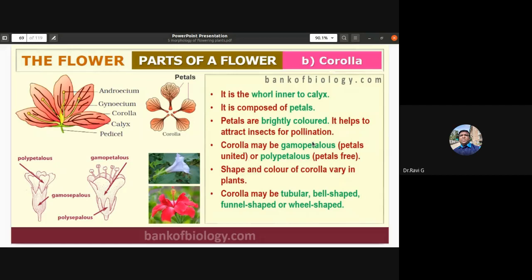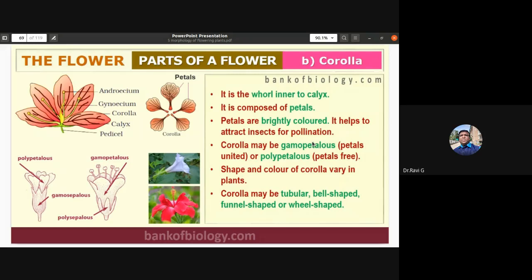Wheel-shaped corolla, you can notice this, is rotate. Wheel-shaped is nothing but rotate corolla. You can notice this type of corolla in the case of Vinca rosea, Kaniglevuva. So based on the shape and color of corolla, there are different types. Corolla may be test tube like, we call it tubular corolla.